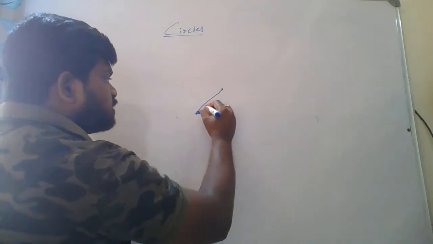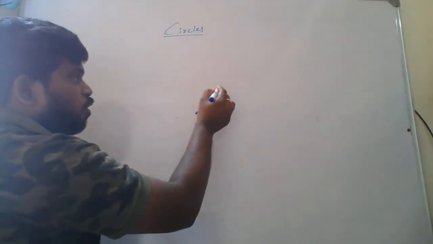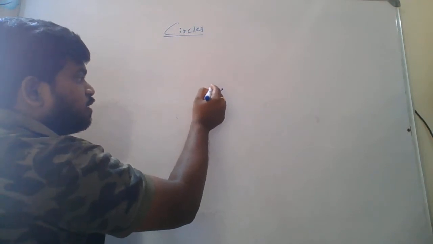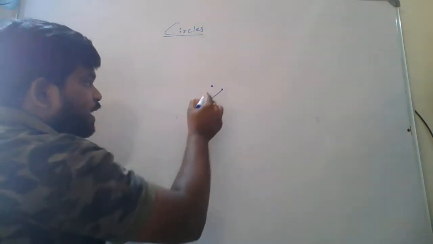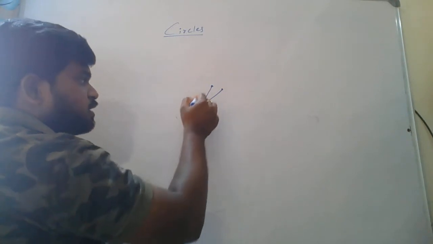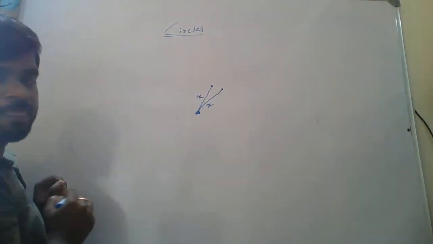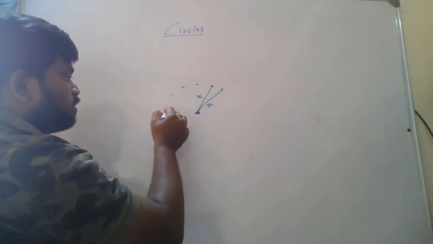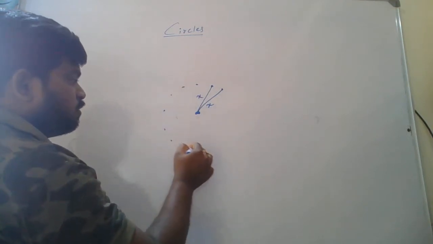Let's say the distance is some x. Now rotate it. Say it is coming here, but we have to make sure that the distance again is x. Similarly, again it comes here, here, wherever.